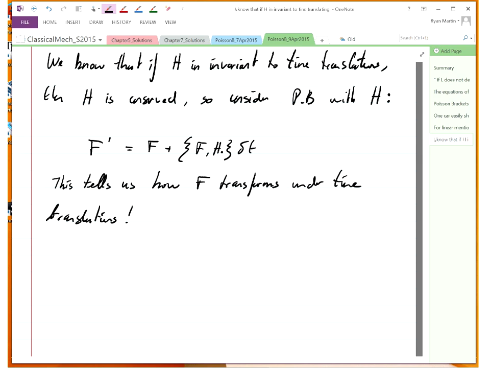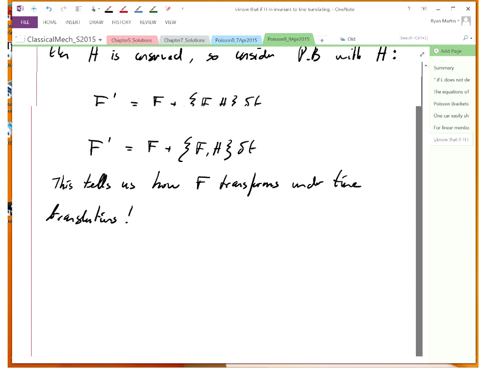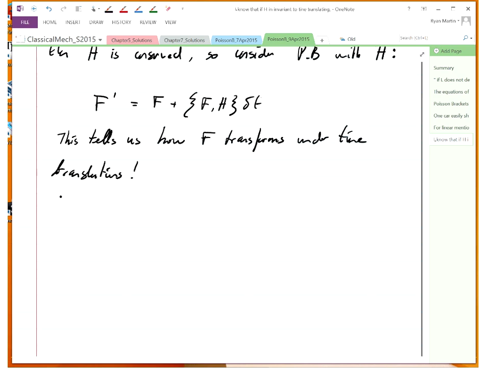We can now turn this around and stop thinking about conserved quantities. We can just ask ourselves, we can just build new transformations. So consider a general function g that depends on our canonical variables. I call it g for generator.